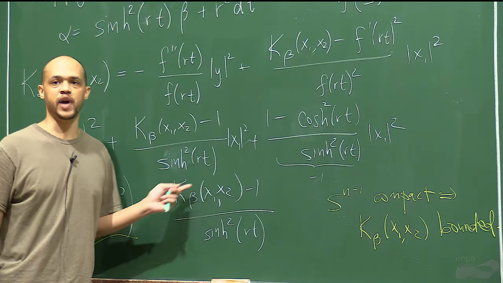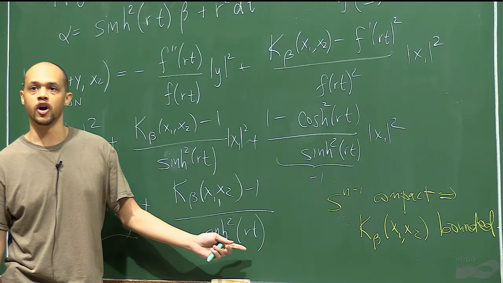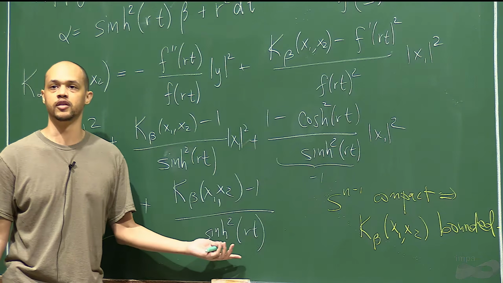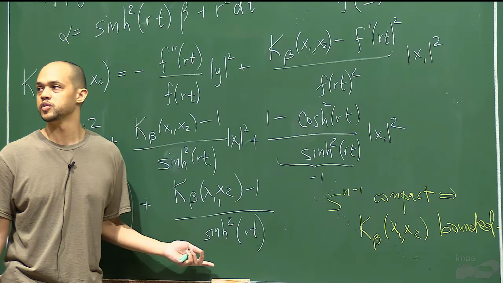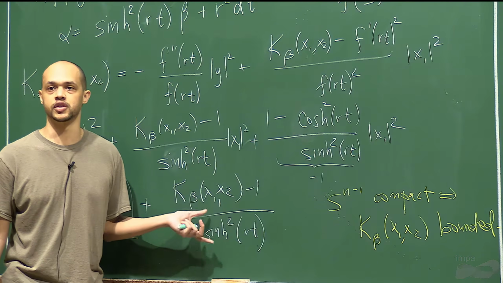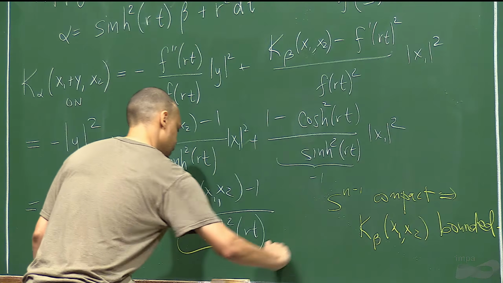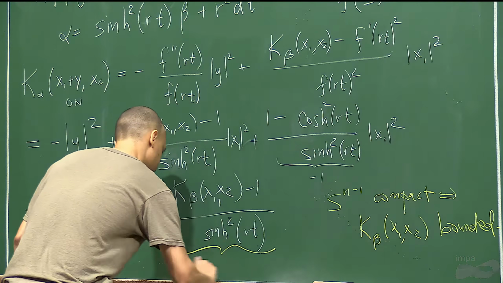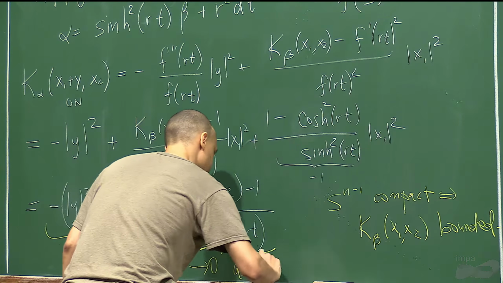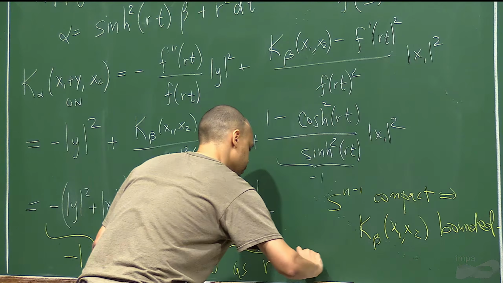So the numerator is bounded, and then as R goes to infinity, the denominator goes to infinity. So this whole expression goes to 0 as R goes to infinity.